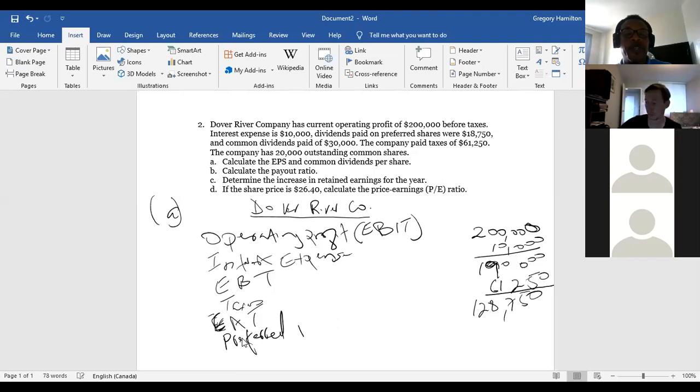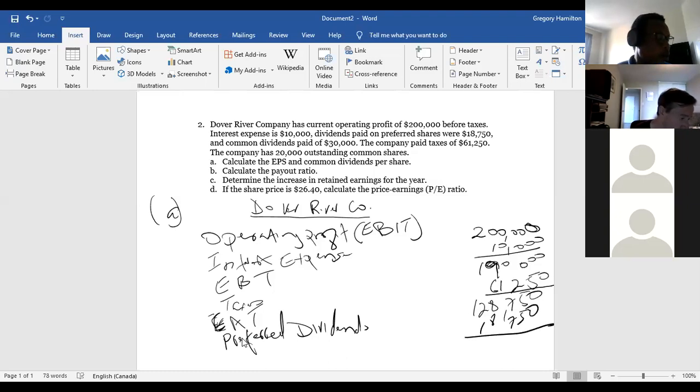Less preferred dividends of 18,750, we now have the earnings available to common shareholders of 110,000.